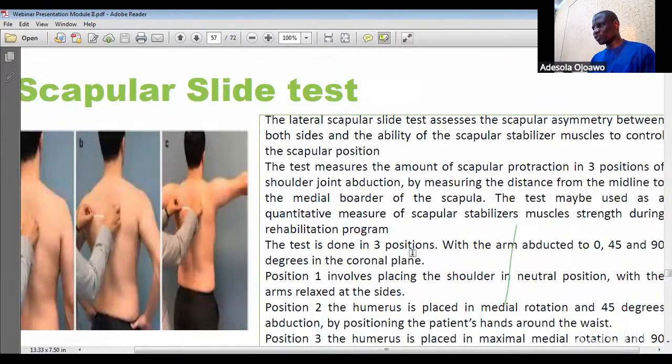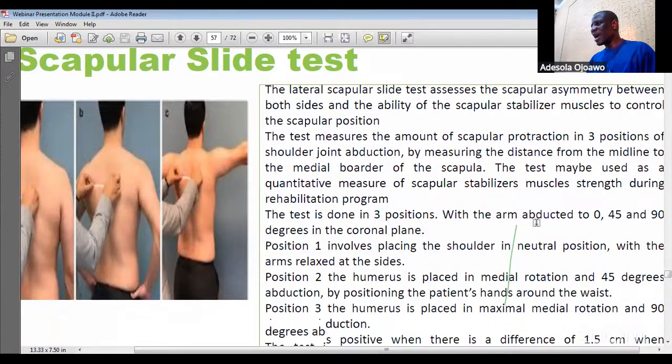The test is done in 3 positions, with the arm abducted to 0 degrees, 45 degrees, and 90 degrees in the coronal plane. Position 1 involves placing the shoulder in neutral position. That's what we are seeing here. That's position 1, with the arm relaxed at the side.